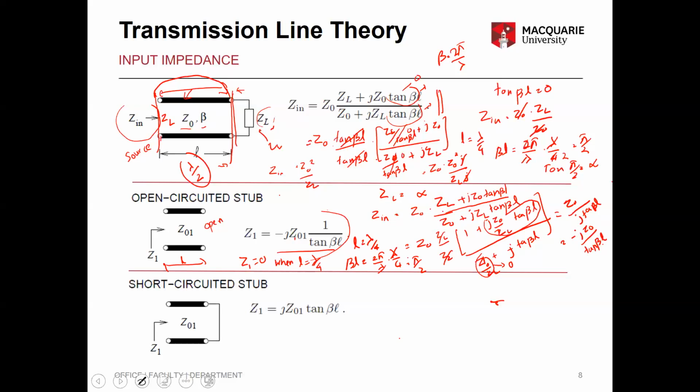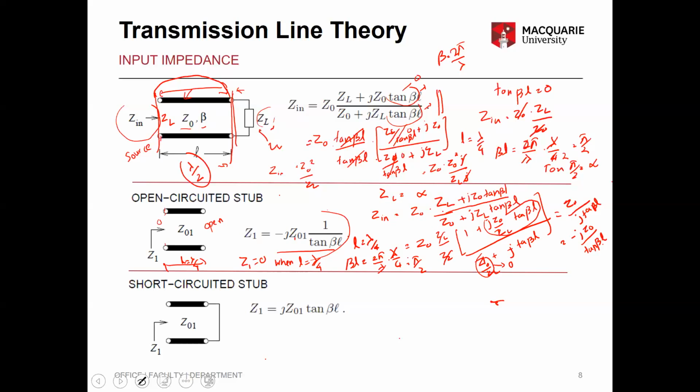That means a quarter wavelength from here to here, this is seen as 0. So you can transform an open circuit line to a short circuit by making sure the length is lambda by 4. It will work for a particular frequency, because around that frequency, this point here will think it sees a short circuit, although this end is open circuit.